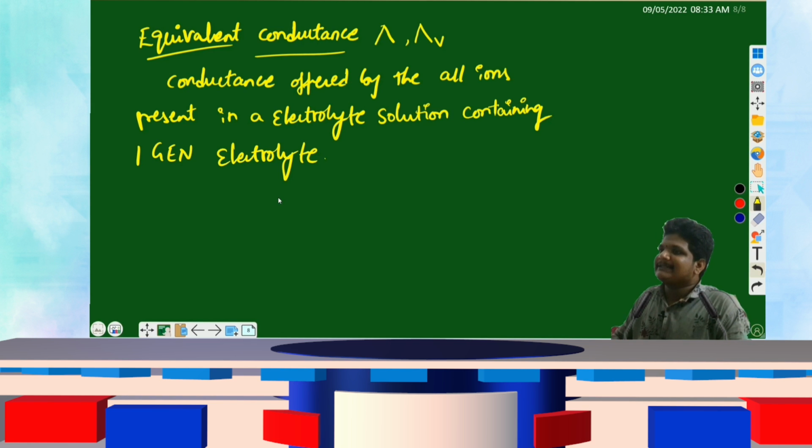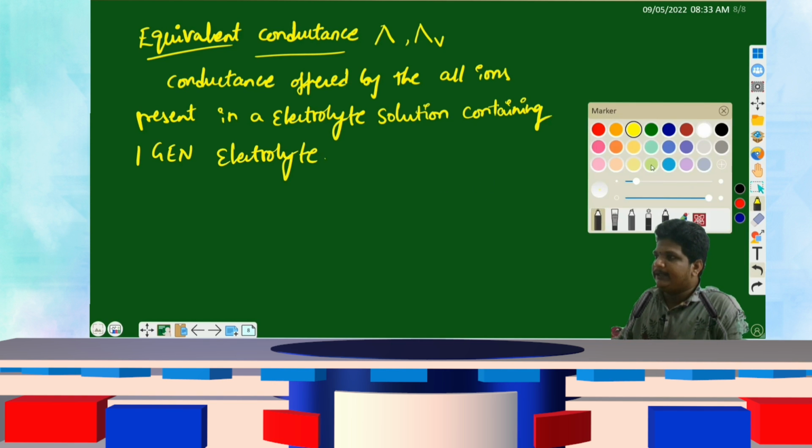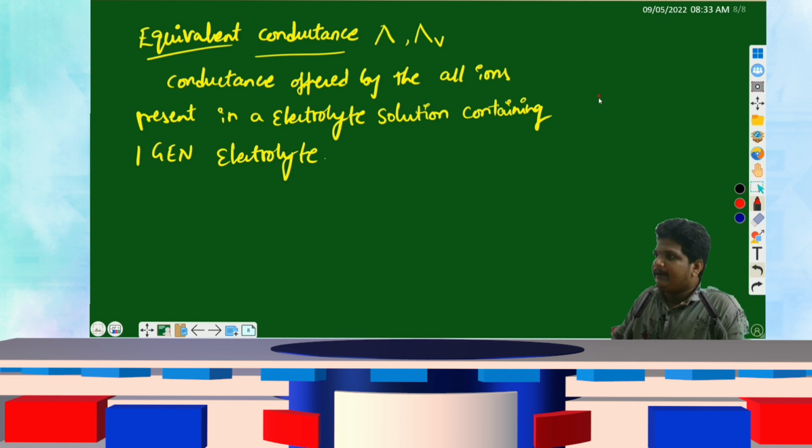Now let us consider an electrolyte solution. So this is the electrolyte solution, and in this electrolyte solution we have 1 gram equivalent electrolyte.